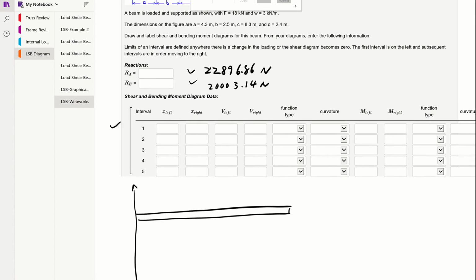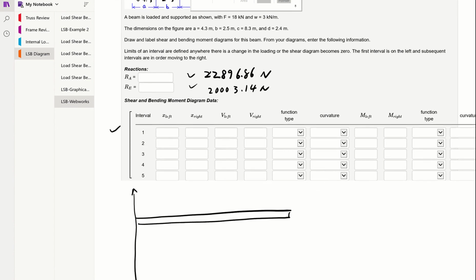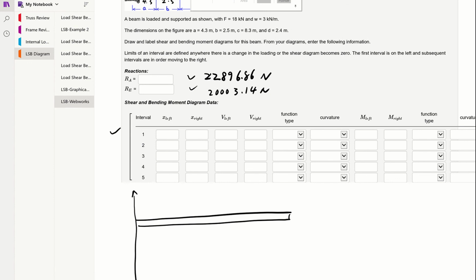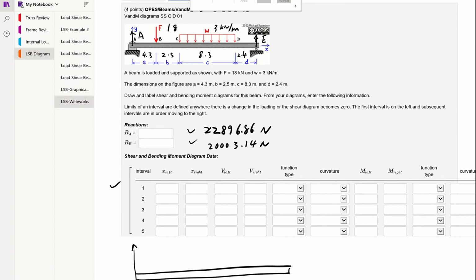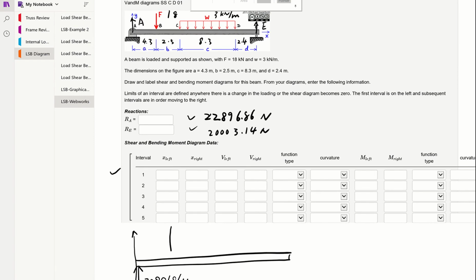Since we already calculated RA, it is this value, 22,896.86 Newton. Then we will have this concentrated load right here. That's our F. That's 18 kilonewton.